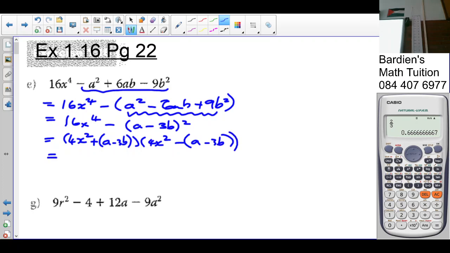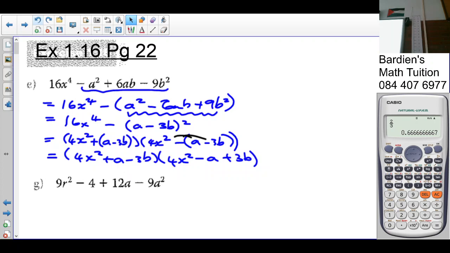Okay, so we're going to get rid of the bracket within. In the first bracket I didn't need to write that one down. So it's going to give you 4x squared plus a minus 3b, 4x squared minus a plus 3b. Okay. So what was your problem here, Michael?